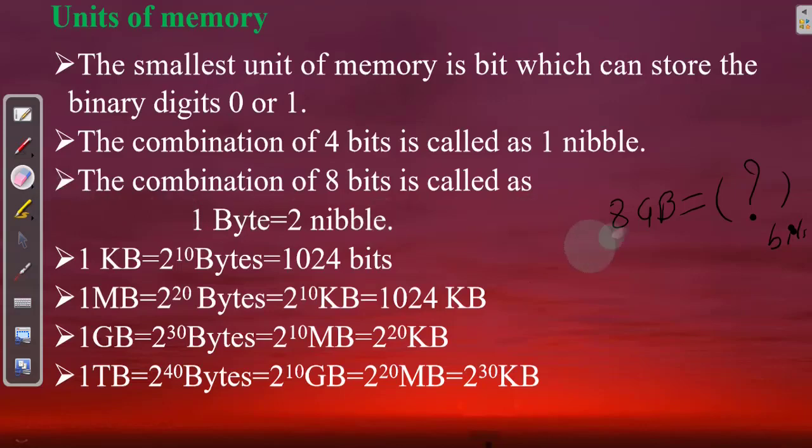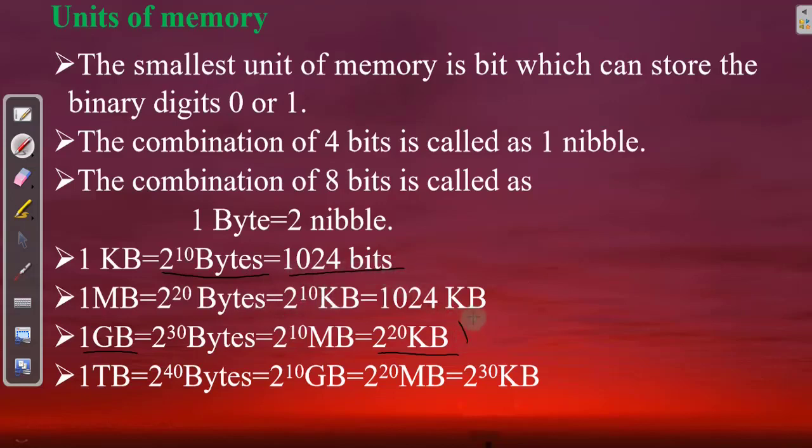I hope everyone, yeah, no 8, I'm asking 1 C, actually 1 gigabyte is equal to 2 to the power 20 kilobyte. And 1 kilobyte is equal to 2 to the power 10 bytes, or 1024 bits.